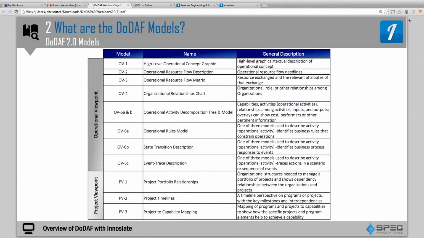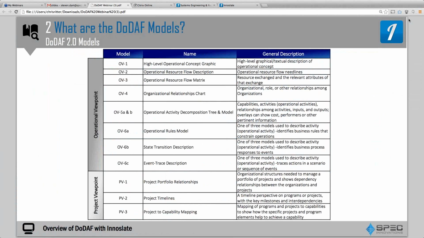The OV3 is very interesting. It's a matrix, but it requires information, not only details about the actual resources themselves, the flows themselves and the need lines. It actually has information that's contained overlapping in the OV2 and the OV5. So again, you can start seeing already that these are products I have to develop together, not independently.